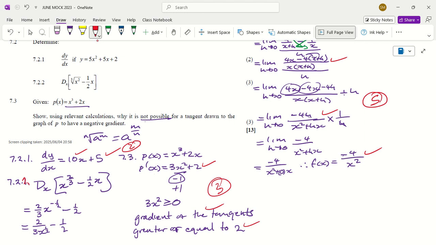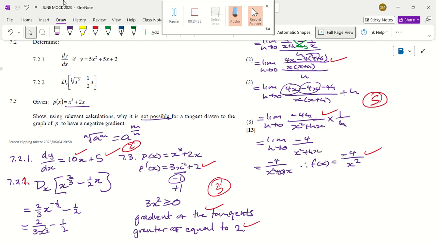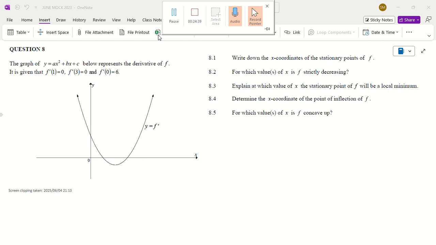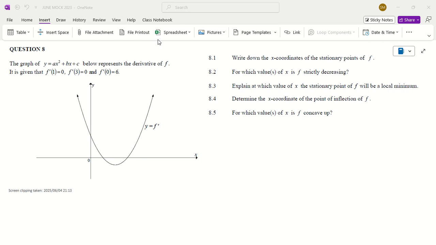Then our next question is question 8, and we are dealing with the derivative of a cubic function. Okay, so for question 8, we are given the graph y is equal to ax squared plus bx plus c, and it's representing the derivative of f.